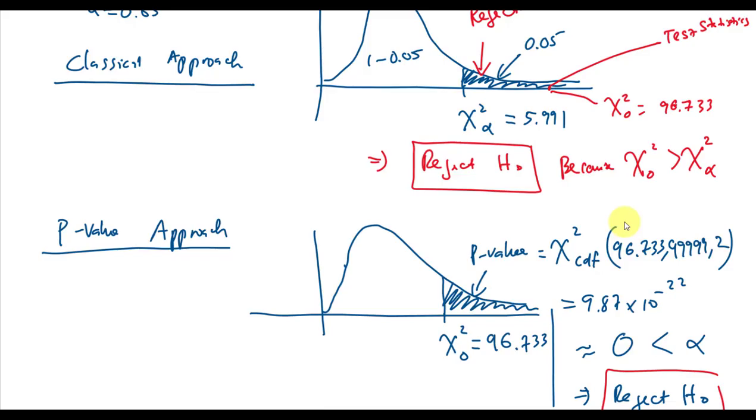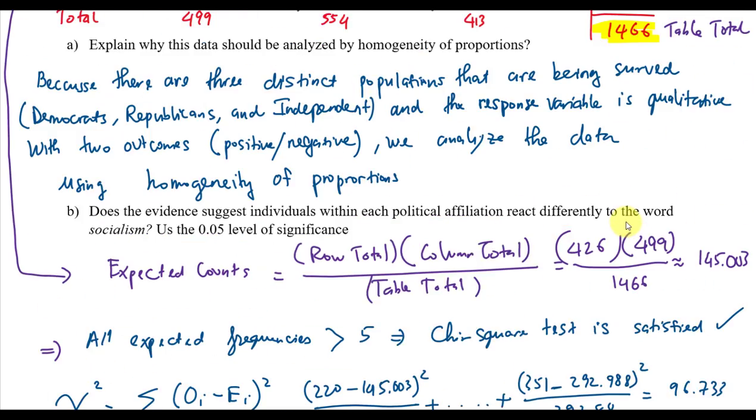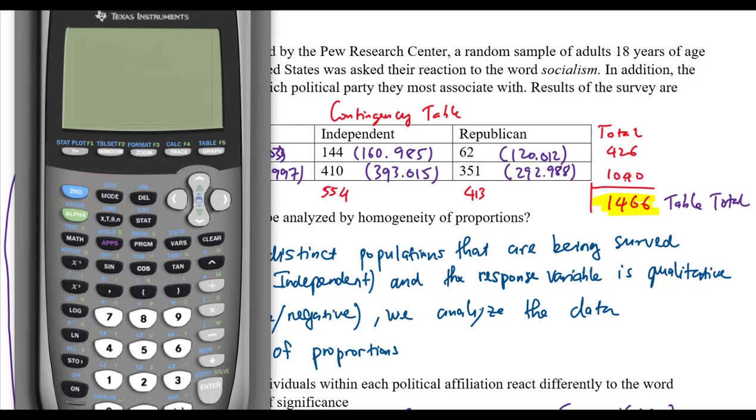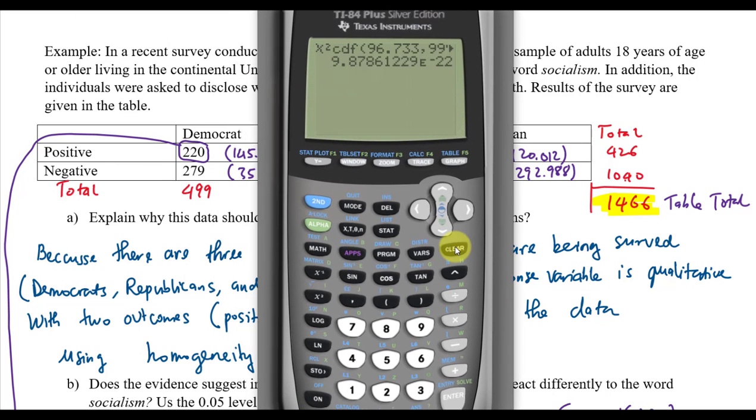And also, we can use the TI-84 to conduct the test just the same way as we did before. Let's try that again. So first thing, you need to access the matrix, so second matrix right here.